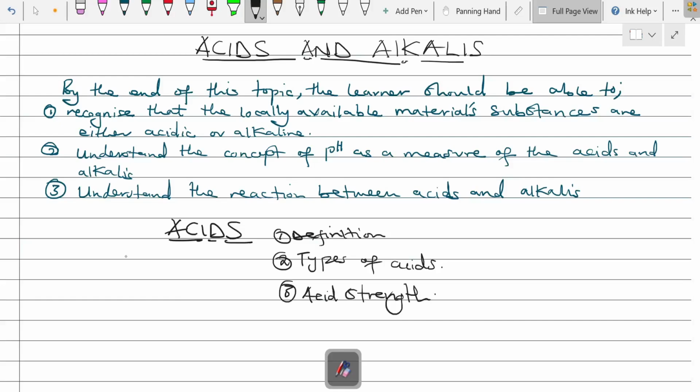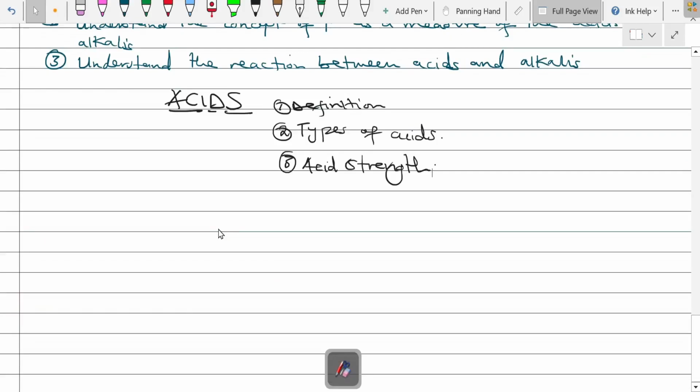Begin by giving the definition of acids. So all along we've been hearing of acids. So what do you think acids are? Or we can say, what is an acid? In your own words, what is an acid, or what are acids?